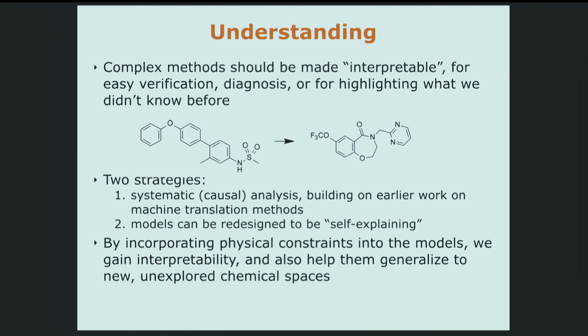There are basically two broad approaches to achieve that. One is based on essentially a local randomization. If you have a precursor molecule and you translated that to a valid target molecule, now if I randomize the precursor, then the target will change as well. And now I can do causal analyses of what drives the method to think that this is the right outcome, and diagnose what those dependencies are.